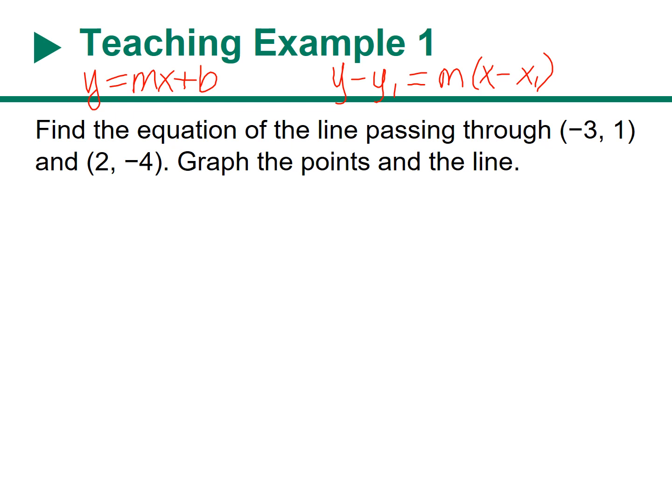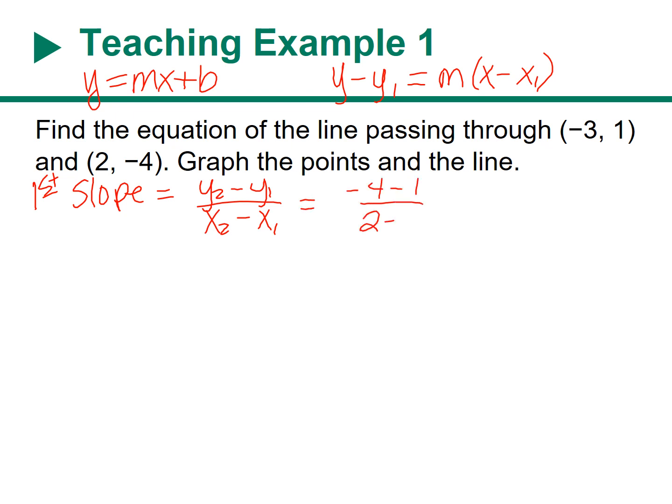Okay. So from here, you are going to decide which one of these equations you're going to use to solve. Before you do anything, the first thing you're going to do is find the slope. And slope equals y2 minus y1 divided by x2 minus x1. Yes? So we're going to plug in our values. That gives me -4 minus 1 over 2 minus -3.